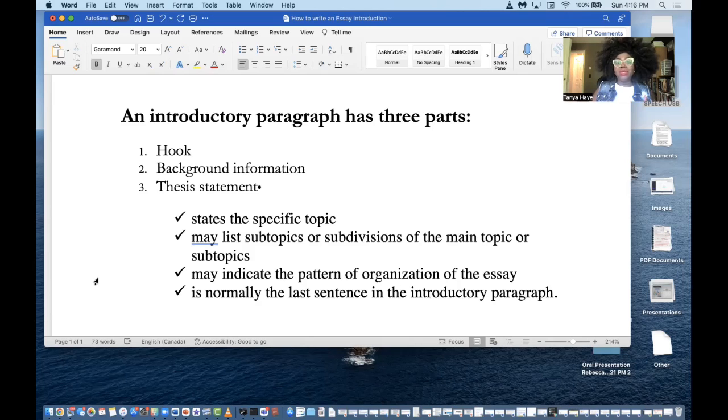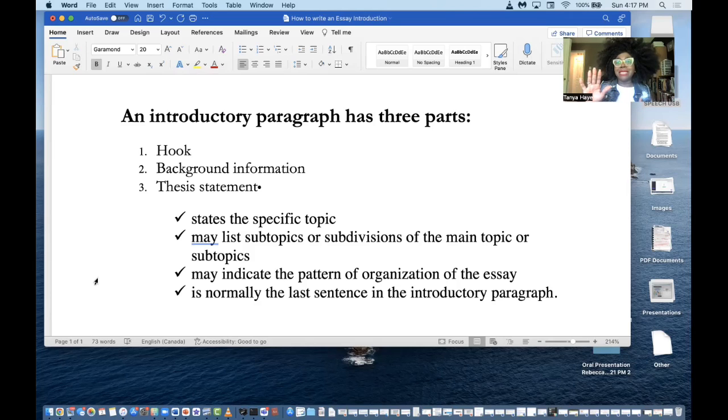And also, a thing to know is that the thesis statement is the last sentence in the introduction. It's either the last or the second to last. So, to wrap it up, your introduction must have three parts: the hook, the background information, and the thesis statement.